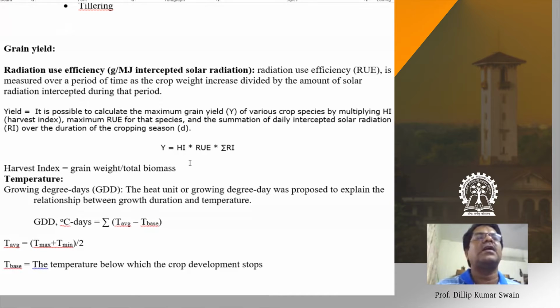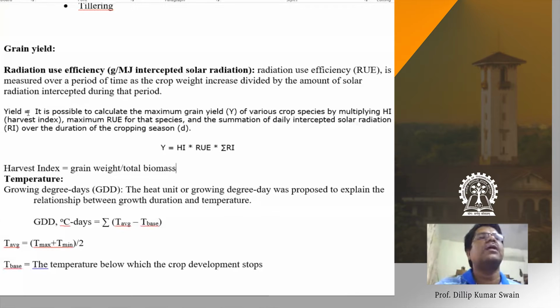It may not vary a lot for a particular cultivar or genotype. When the harvest index is known, the biomass is simulated or predicted using remote sensing technique. Using that equation you can predict the biomass, multiply by harvest index, and you will get the grain yield.